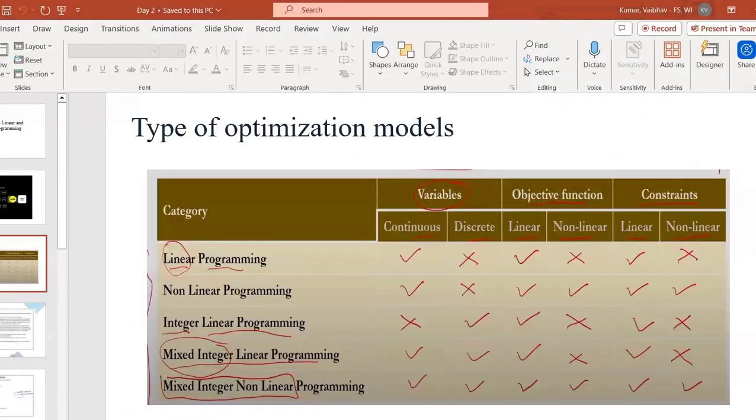That is why in linear programming problems, our variables would be continuous. There are no discrete variables in linear programming. If there are discrete variables, it will become integer linear programming or mixed integer linear programming. And the objective function should be linear as well.